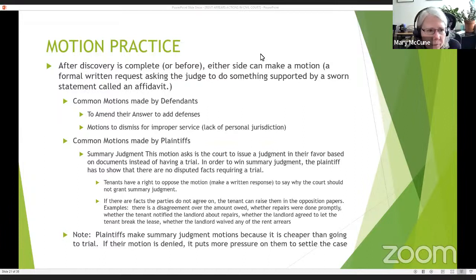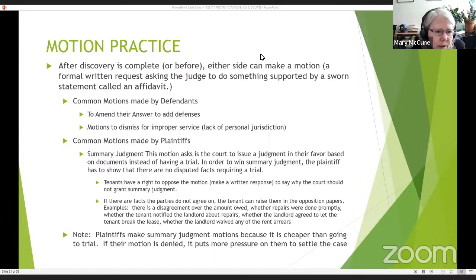in addition to discovery, there's something called motion practice. It can happen at any point during the court case up to trial, but more often it happens after discovery has been completed. So a motion, as I mentioned before, is a formal written request asking the judge to do something that's supported by a sworn statement called an affidavit that basically explains why you have a right to what you're asking for.